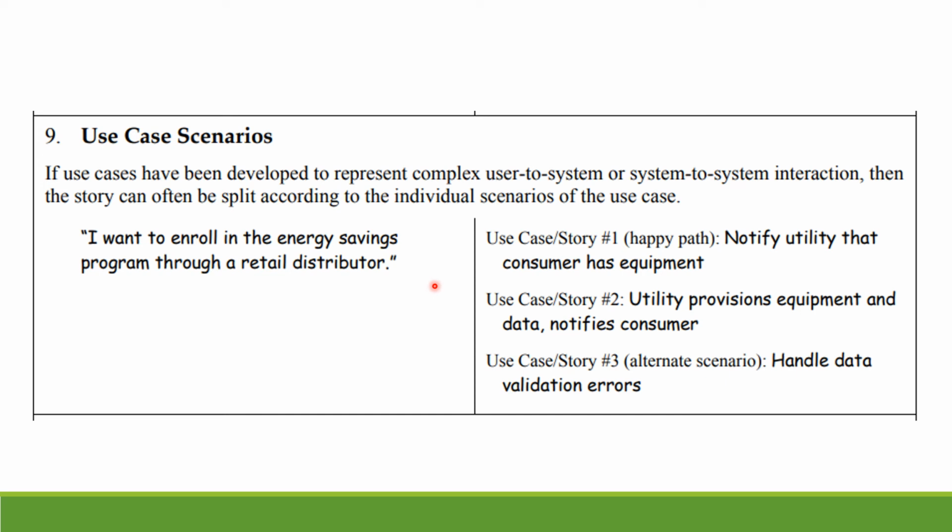It has multiple use cases like: notify utility that consumer has equipment, utility provisions equipment and data, notifies consumer, handle data validation errors. So these are the number of use cases you can bring out from it, right? So this is how, based on the use case scenario, you can split stories.